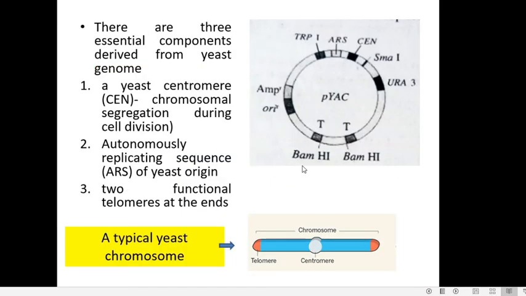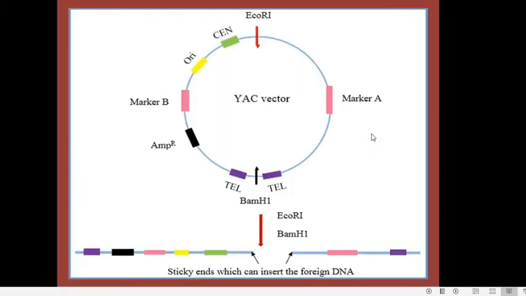Just look here, this is the TRP1 gene, and this is the place where you are going to insert the foreign gene. Even if the foreign gene is here or not, the TRP1 is intact. Both will grow in the medium. That means both are transformed, and now we have to find the recombinants.